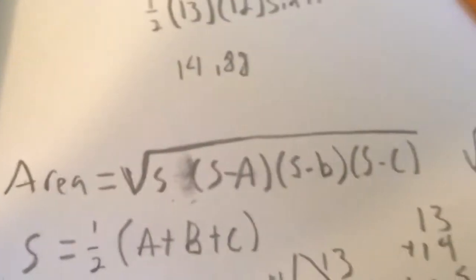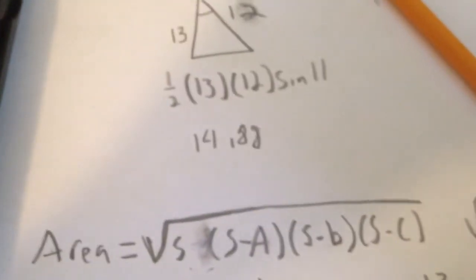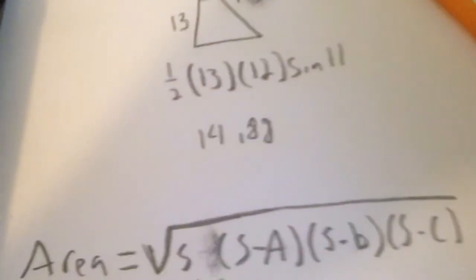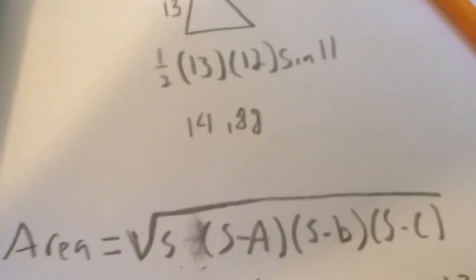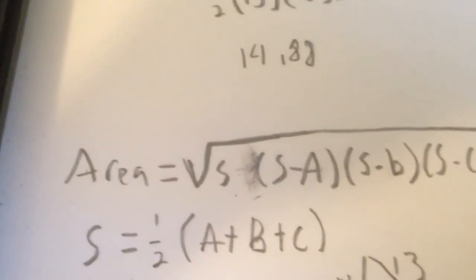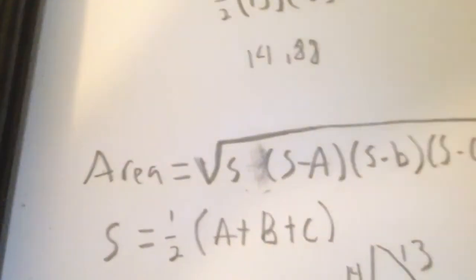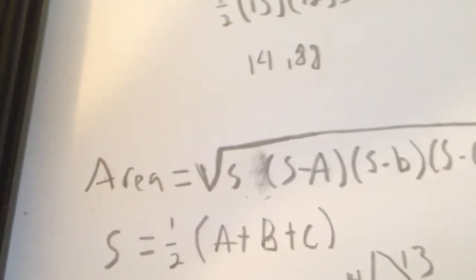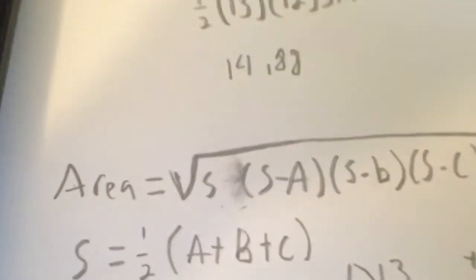So you have that, and now you think, wait, what is s? I don't know what s is. Again, s is semi-perimeter, so it's half the perimeter. So let me show you what that is. So s equals 1/2 a plus b plus c, and feel free to kind of rewind back here. There's a lot of formulas I'm giving you right now. I just said semi-perimeter, and I'm going to show you what I mean by finding area with s.